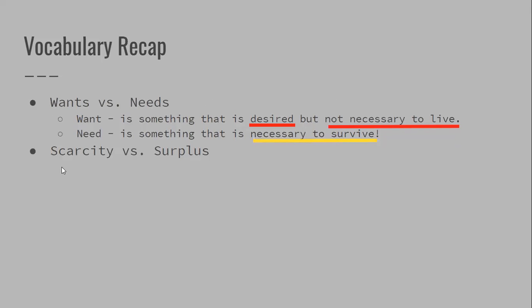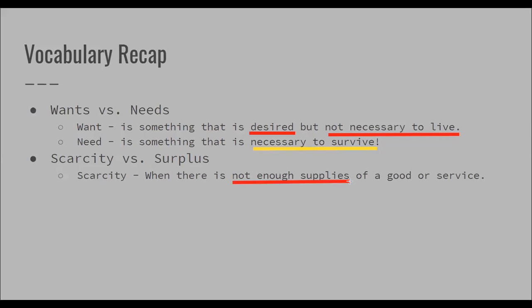The next thing we talked about was scarcity and surplus. Scarcity is when there is not enough supplies of a good or service. So this means that there's not enough for everyone that needs or wants something. So it's called scarcity. There's not enough.